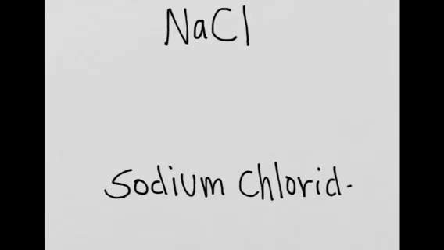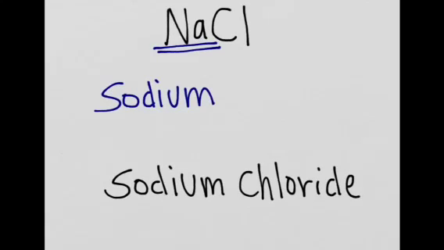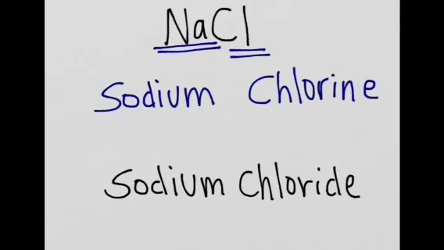The first question we have to ask ourselves, of course, is always, is there a metal? Yes, sodium is a metal. And then the other one would be the nonmetal, chlorine. So what you see is that the metal kept its name in its entirety.